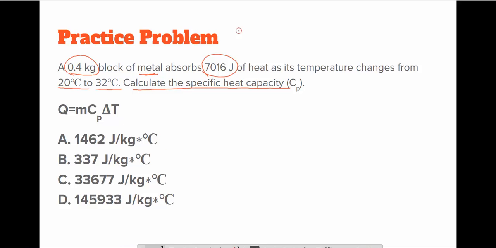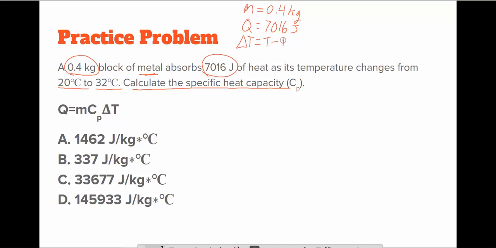So mass is 0.4 kilograms. The heat, Q, is 7,016 joules. And the temperature change is going to be final minus initial, right?